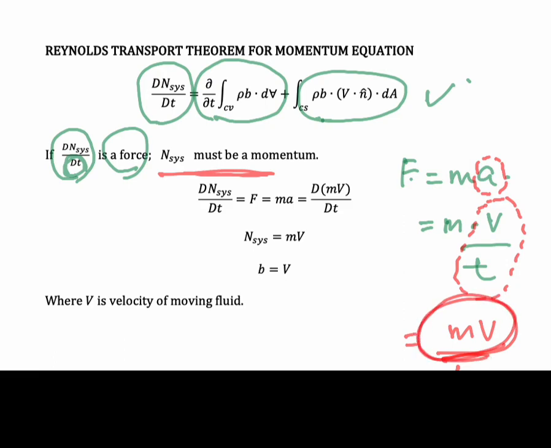M and v here is the momentum. That's why for this discussion, in many textbooks they will call it the momentum equation, because we are dealing with momentum. Why? Because we already have one t outside the equation. When we divide by time, we could get the force.